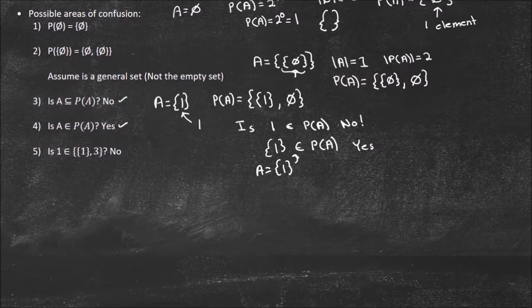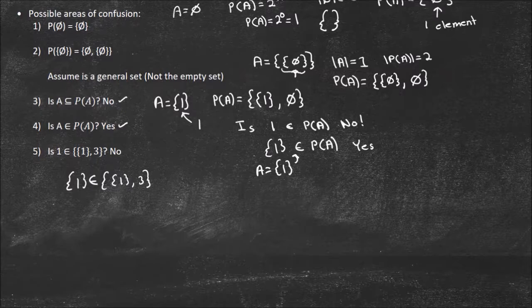Number 5 explains number 3 a little bit more. So is 1 an element of this set? And no, it's not. That's because the set containing 1 is an element of the set with the set containing 1 and 3. But 1, let me say 1 is an element. I didn't mean to say equals.